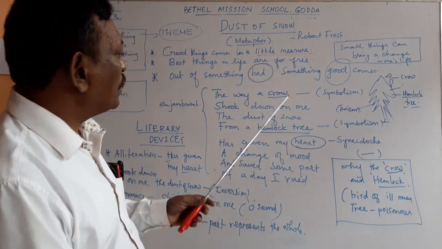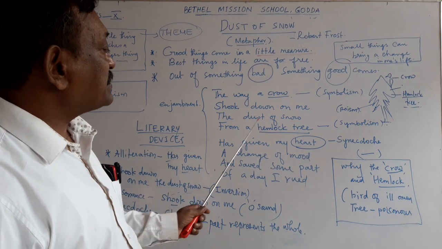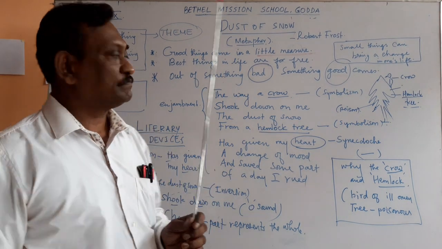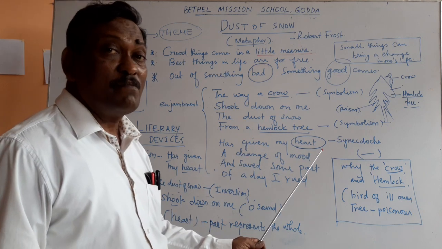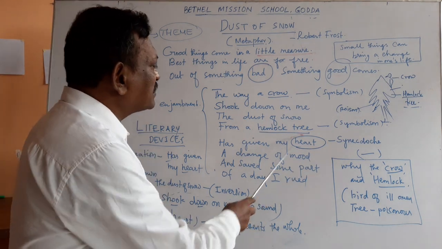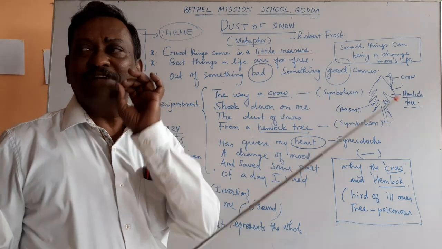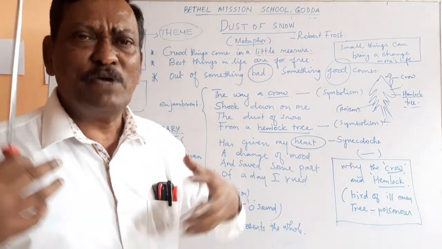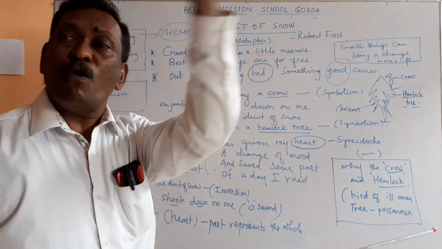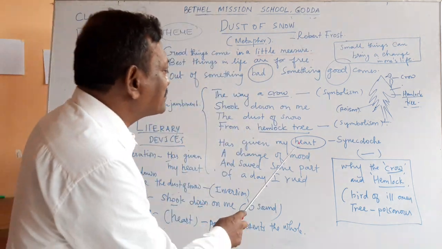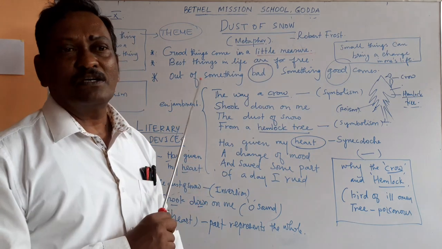For example, look here. Has given my heart. The first line of the second stanza, the poet says, has given my heart. So heart here does not literally mean your heart. It means your whole body. So the whole body is represented by a single part, that is heart.